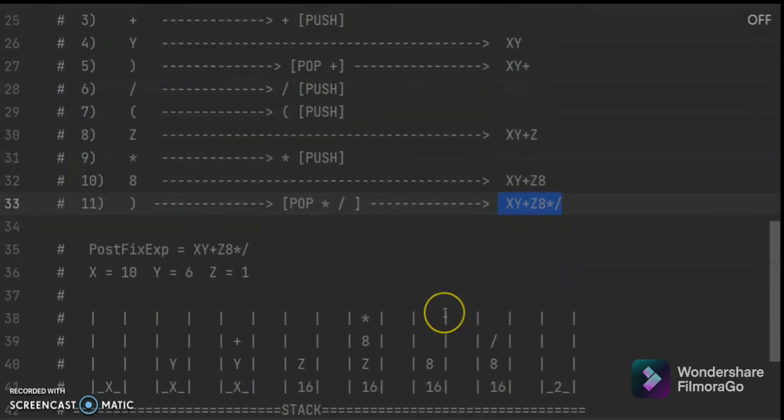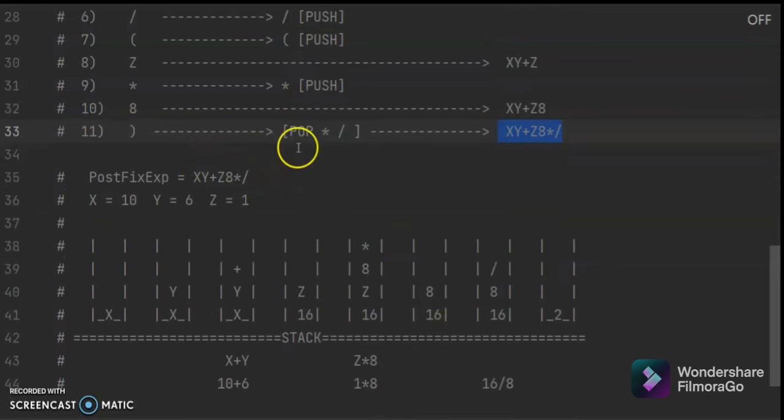Now we will see a small example. The postfix expression we have got is xy plus z8 multiplication and division. So this is a postfix expression. Now we will give some values for x, y and z. X is 10, y is 6 and z is 1. First I am pushing x. Next I will be pushing y, then plus.